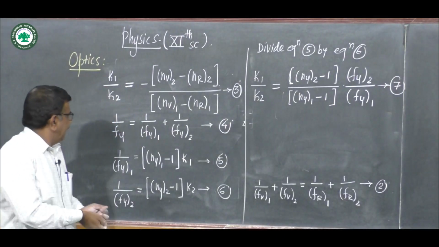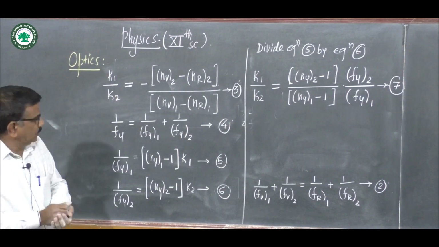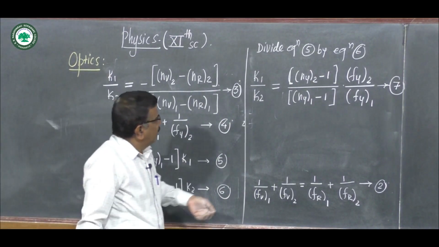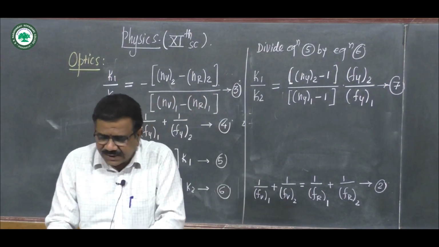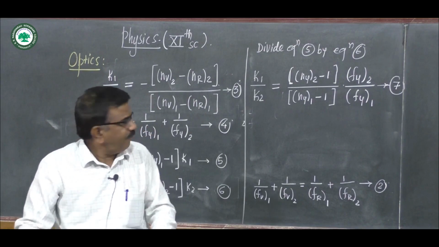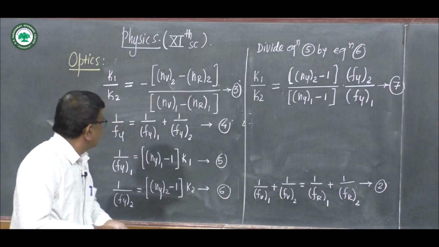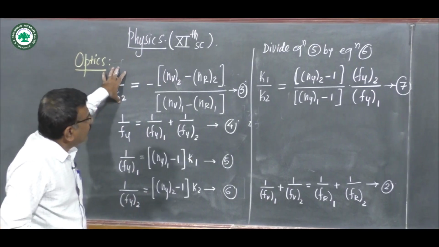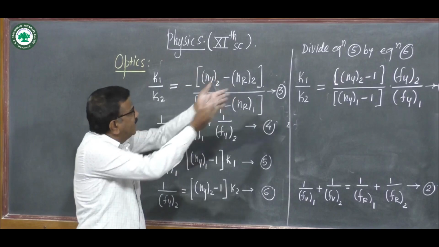Now see equation 3. This is for k1 upon k2. Our equation 7 is also for k1 upon k2, and from equations 3 and 7 we write k1 upon k2, left side is same here, so this right side must be equal.